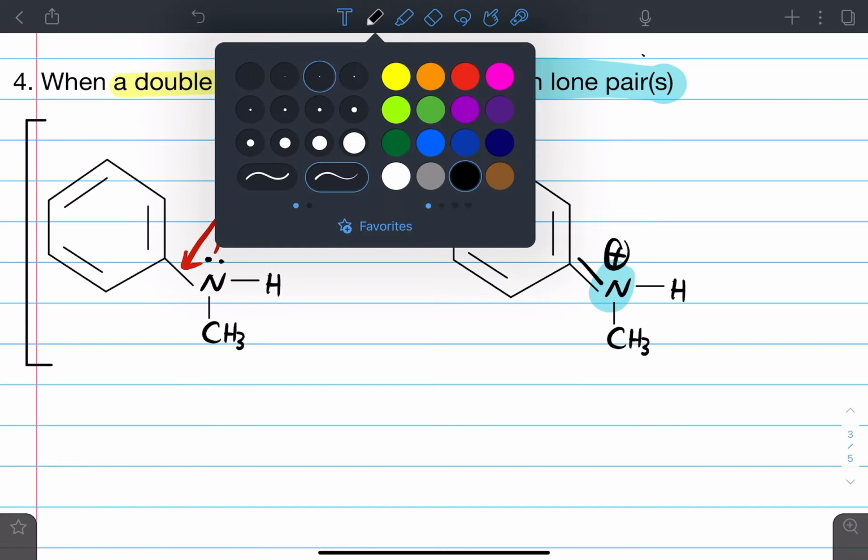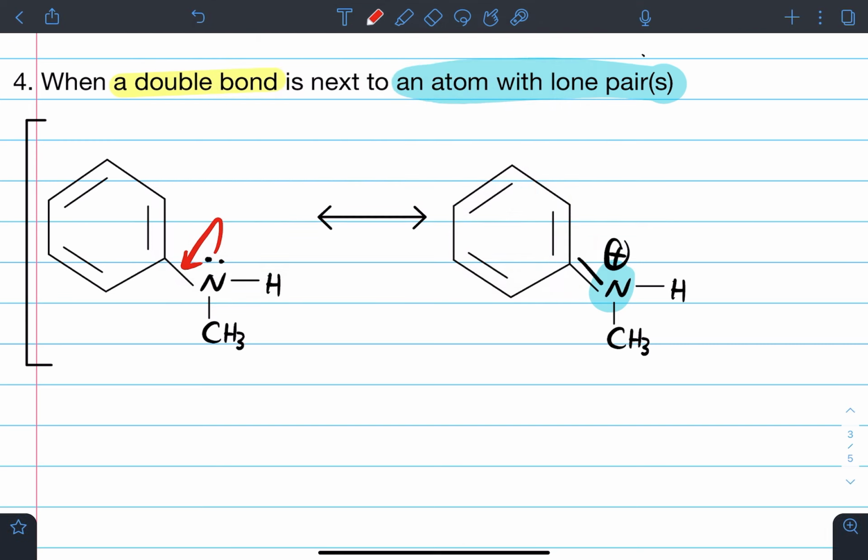What actually happens is, when this lone pair of nitrogen creates this double bond, simultaneously this double bond here will be broken, right? How is it broken? You cannot just say, oh, I want to break it, and it's magically broken. No, you have to assign the 2 electrons of that double bond somewhere else to break it, right? In this case, it's this carbon that accepts the 2 electrons of that soon-to-be-broken double bond, right? Okay, perfect.